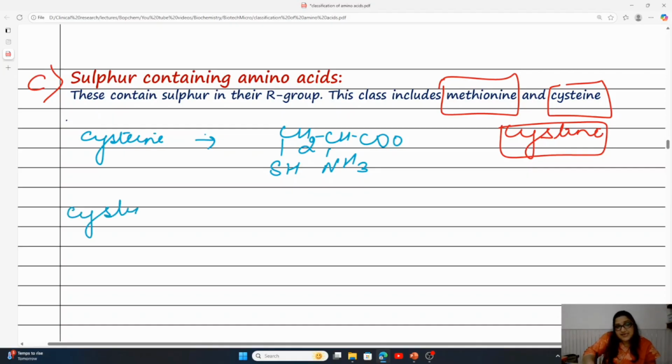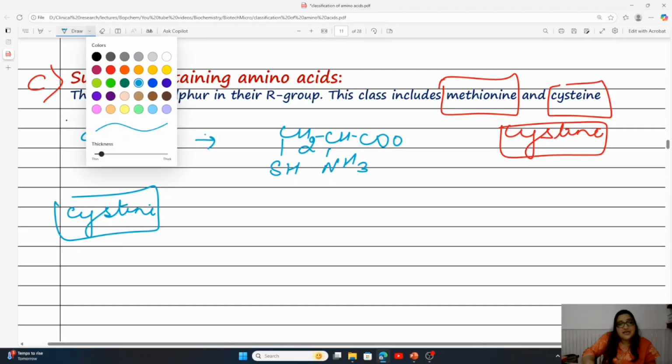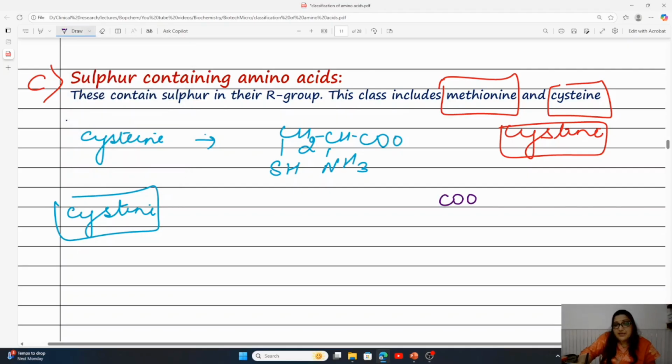Now, if I say that there is an amino acid cystine in which two molecules of cysteine play their role, I will have to make two molecules of cysteine. So I'm making one molecule of cysteine first: CH, NH3, CH2.